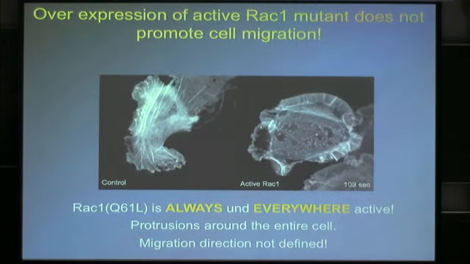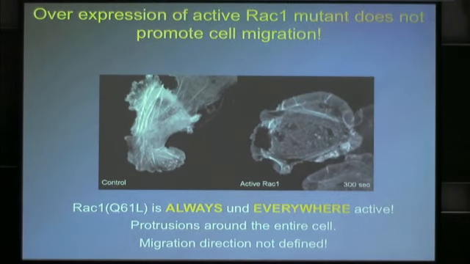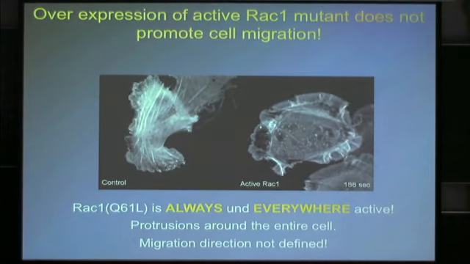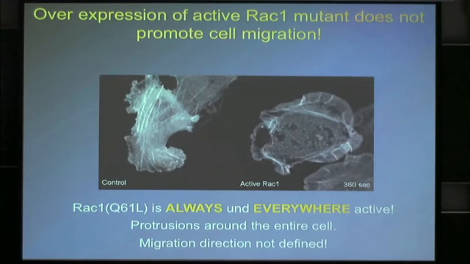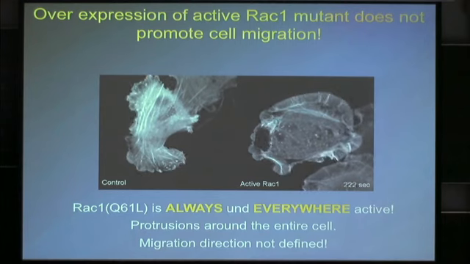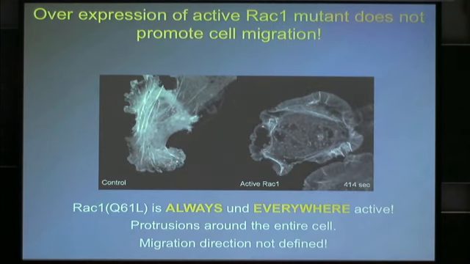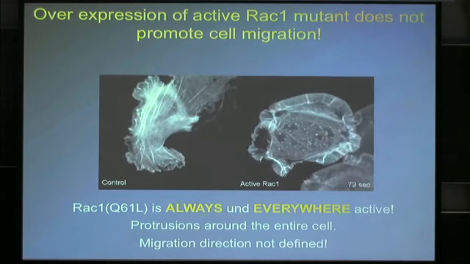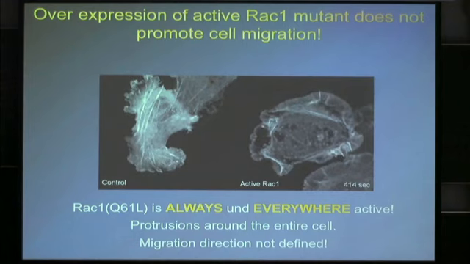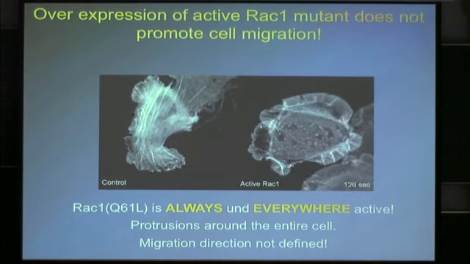So what happens if we now introduce into cells a mutant form of RAC which cannot hydrolyze the GTP, so it cannot be inactivated? It's activated all the time and everywhere. It is independent of spatial and temporal regulation.